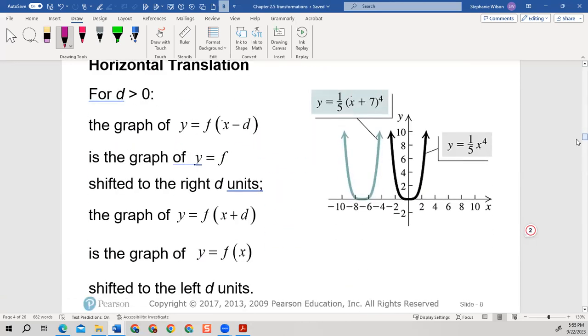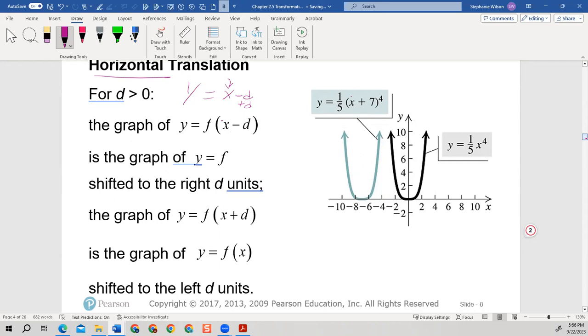Horizontal translation says that, so I have this y equals f of x. And if my x inside here becomes minus d or plus d, then I'm going to have shifting to the right or shifting to the left. That's my horizontal shift. All right, so we have this notation here of y equals f of x minus d.